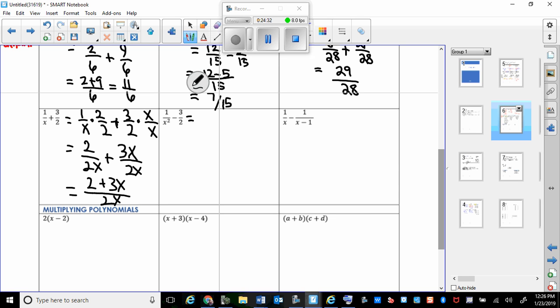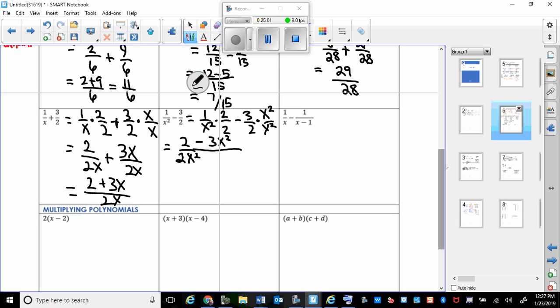Next one, 1 over x squared minus 3 over 2. So 1 divided by x squared times 2 over 2 minus 3 divided by 2 times x squared divided by x squared. Simplified, I have 1 times 2 is 2 over 2x squared minus 3x squared. That's my final answer.